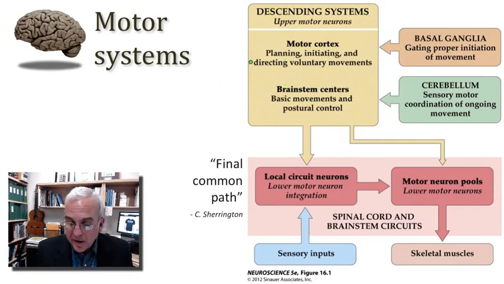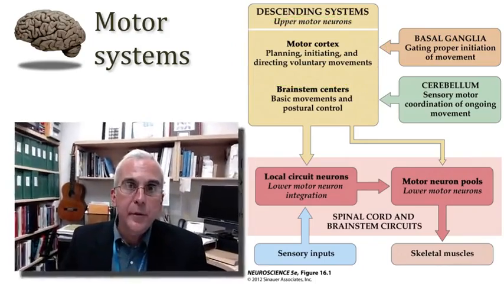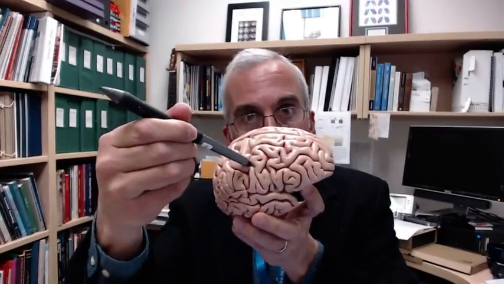So our focus again here is going to be on the motor cortex, and what we will discover there is really a mosaic of motor control areas. So this mosaic of motor control areas is found in the posterior part of the frontal lobe. So again, to reorient you to the human brain, here's the central sulcus.